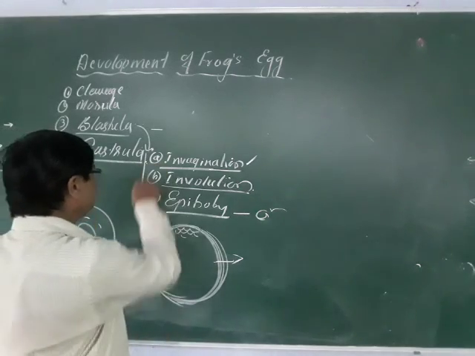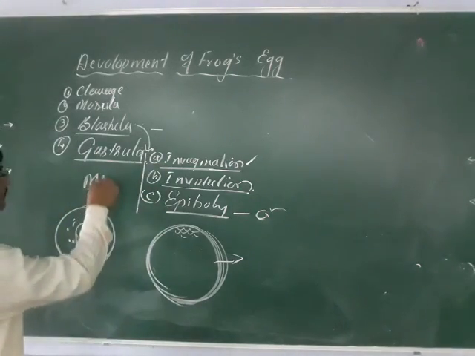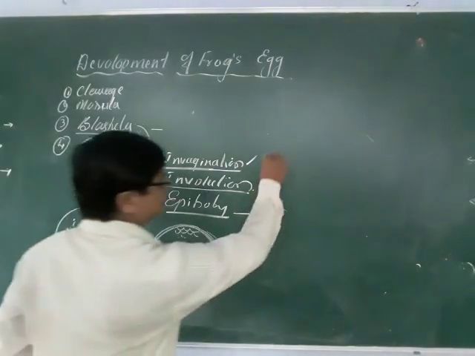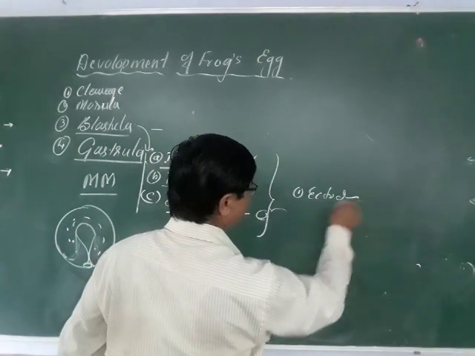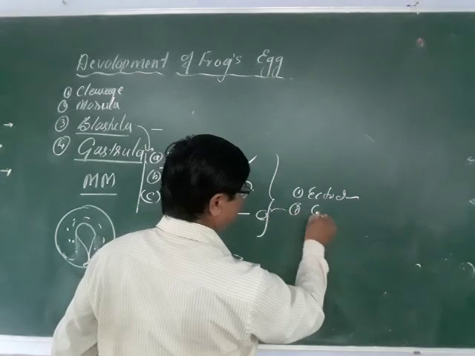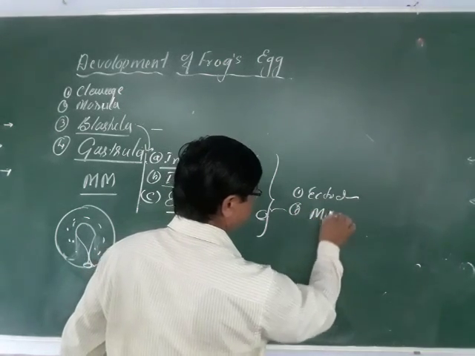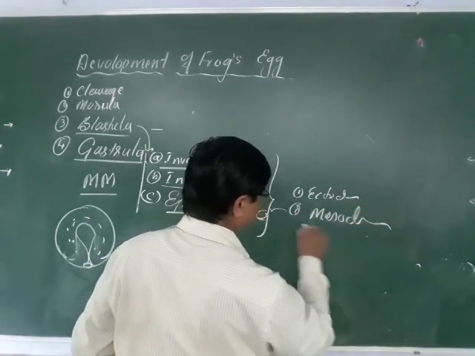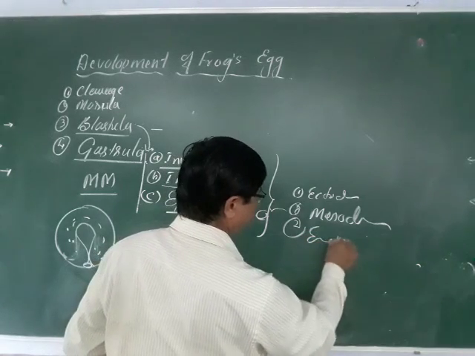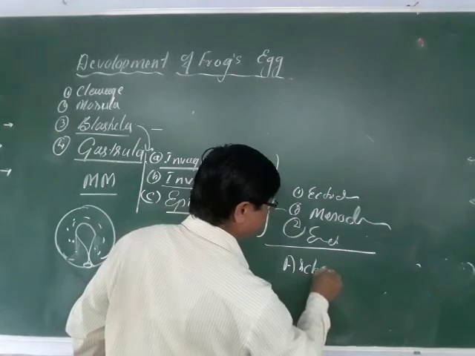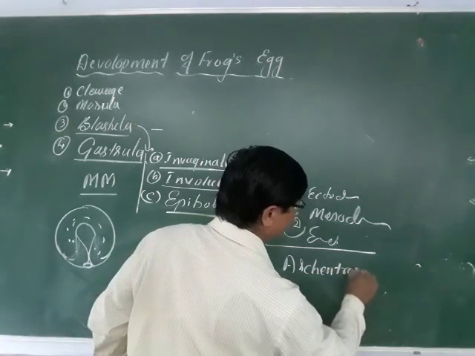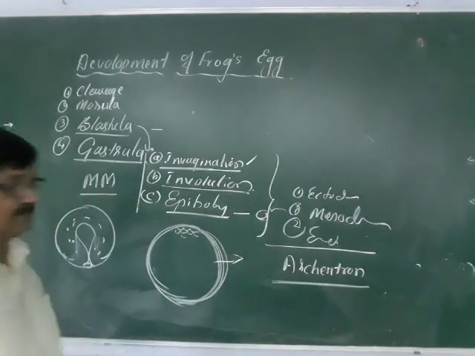So these are the three important morphogenetic movements, and they result in three layers: one is the ectoderm, second is the mesoderm, and third is the endoderm. Along with this, the archenteron. What is the archenteron? The archenteron is the future alimentary canal.